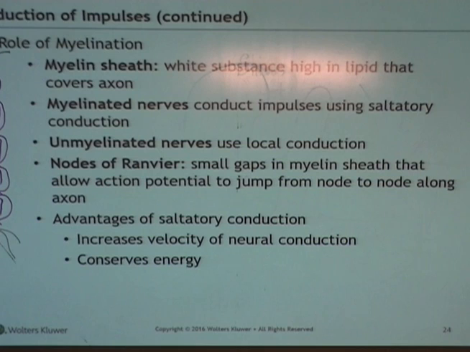So it gives us two advantages. When we see individuals with multiple sclerosis, I think I mentioned last week, what happens is that these myelin sheaths start to degenerate. And so now the signal has to move all the way down the axon.